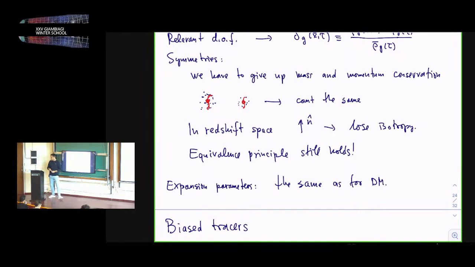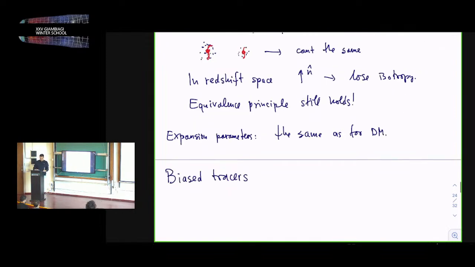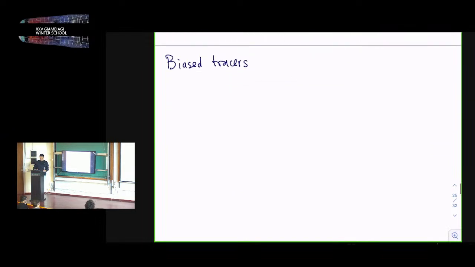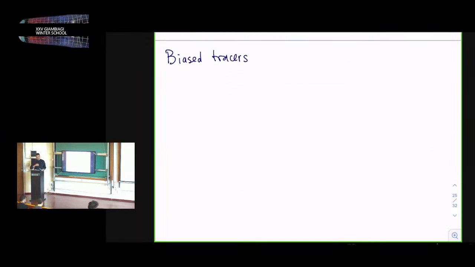But luckily, there is a simpler way, and historically, this is how people used to do things. We don't really want to write down the equations of motion for galaxies, but what we want to do is use the fact that we already found some nonlinear solution for the dark matter, and basically ask ourselves how the galaxy density field is related to this nonlinear dark matter field.